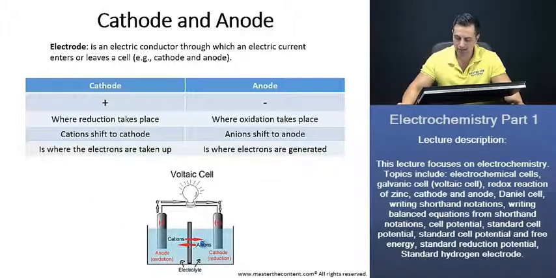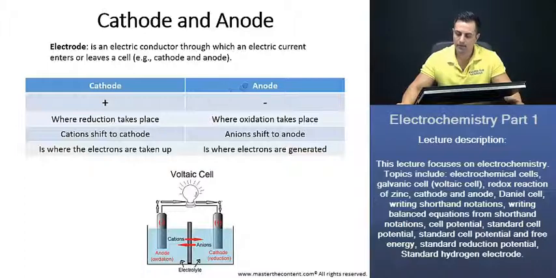Thus, we see a cation shift taking place going to the cathode. This is a porous disk here. Additionally, this is where the electrons are taken up, and as we see, our electrons are being taken up here at the cathode. We're going to do an extensive example of this in just a moment. I just want to first familiarize you with some of the actions that are going to be taking place in the voltaic cell.